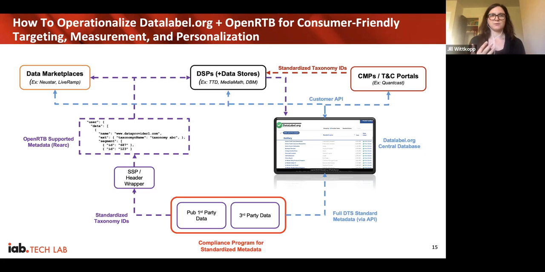And all of that can be found on the Tech Lab website, where there is a data transparency standard. That's to help with the labeling, so buyers understand what this audience is.